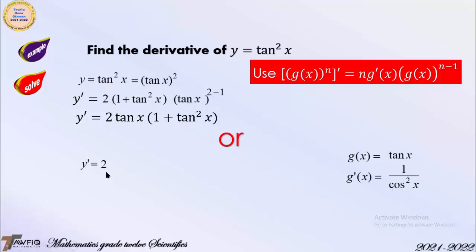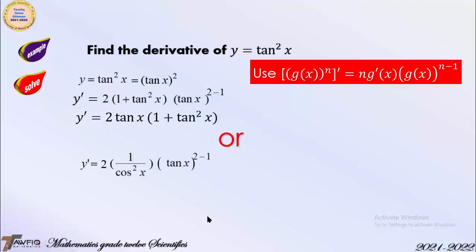First of all, write the power of tangent, which is 2, then times the derivative, which is 1 over cosine square x, then write tangent and take from the power 1, which means 2 minus 1. Simplifying, y prime is equal to tangent x times 2 over cosine square x.